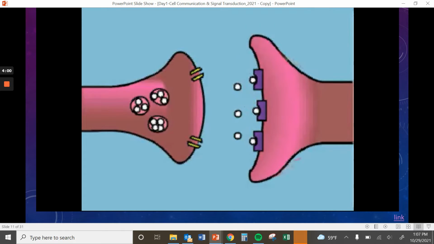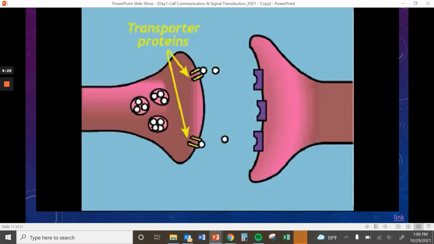The binding of a neurotransmitter to its receptor can trigger an action potential in the postsynaptic neuron. That electrical signal then moves toward the cell body of the postsynaptic neuron. Now that the neurotransmitter has relayed its message, it releases from the receptor into the synaptic space. Some of the neurotransmitter is degraded by enzymes in the synaptic space, and some of the neurotransmitter is carried back into the presynaptic neuron through transporter proteins.